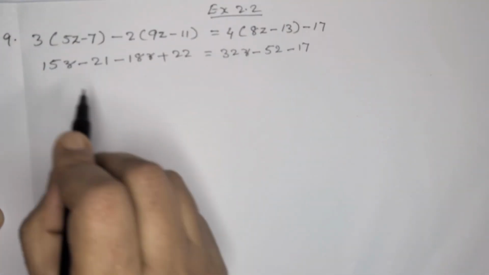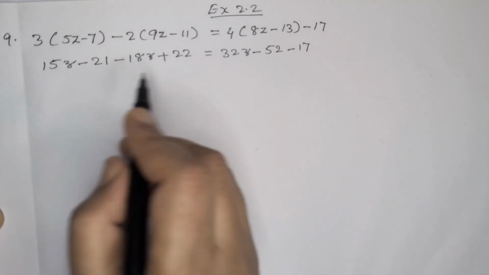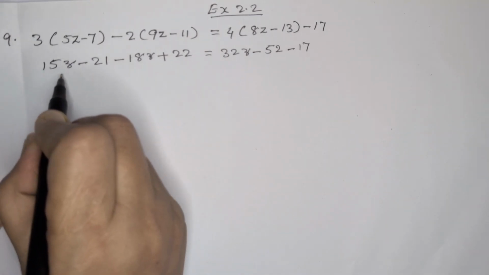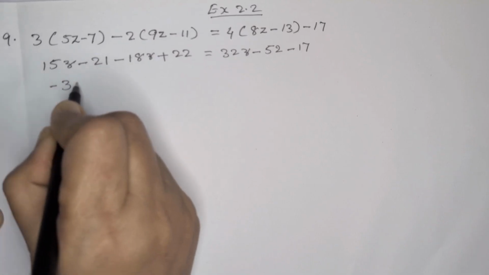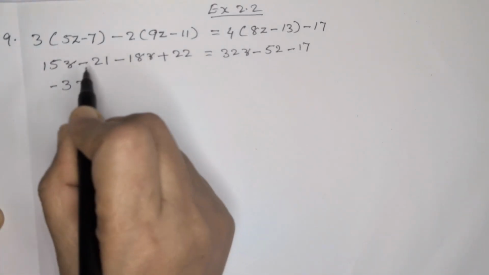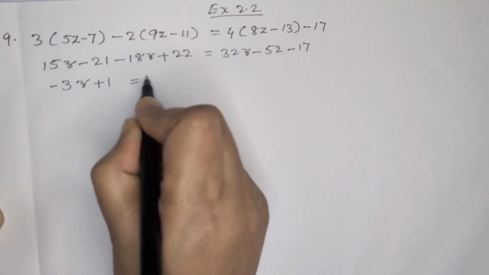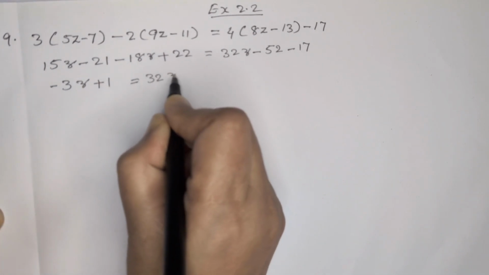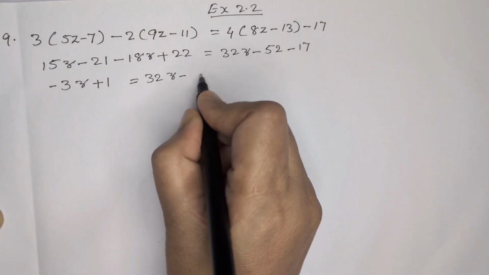Now we can keep all the z terms on the left side. For that we can simplify: 15z minus 18z, so it will come minus 3z, and minus 21 plus 22 will come just as plus 1, is equal to 32z minus 52 plus 17, which is minus 35... 69.